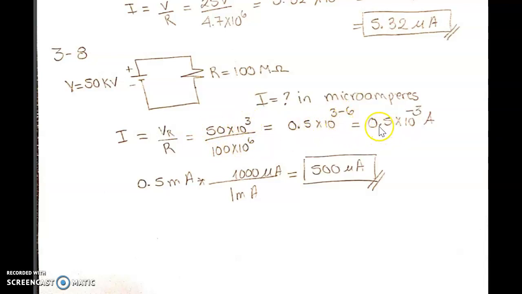So we are going to get 0.5 times 10 to the negative 3 amperes. They want microamperes, so we have to go from milliamperes, which is the 10 to the negative 3 equivalent, into microamperes using this conversion factor. 1 milliampere is equivalent to 1000 microamperes, so we have the answer as being 500 microamperes.